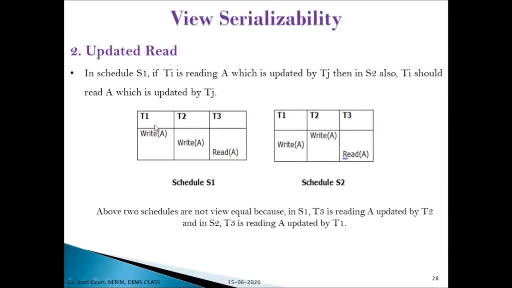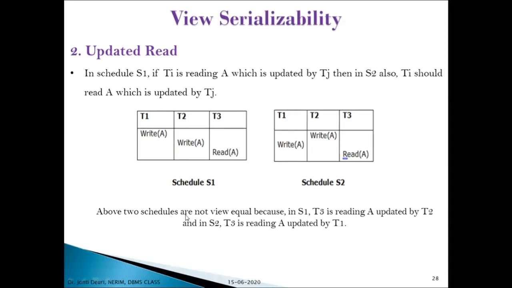You can see here, T3 reads A, and after the read it is updated by T2. The same should happen in the other schedule. But here the read operation is done by T3, and the next update is done by T1, not by T2. In schedule S1 the write operation is done by T2, but here it is done by T1. Understood?